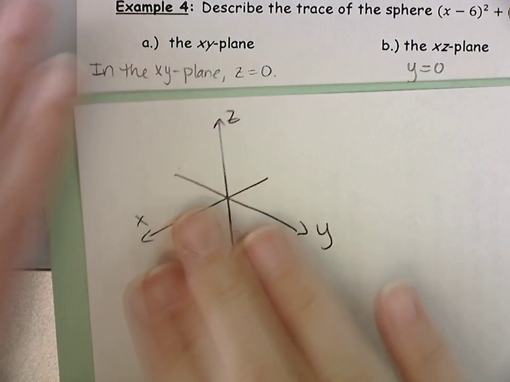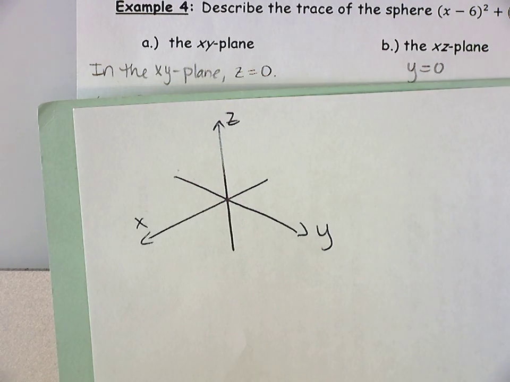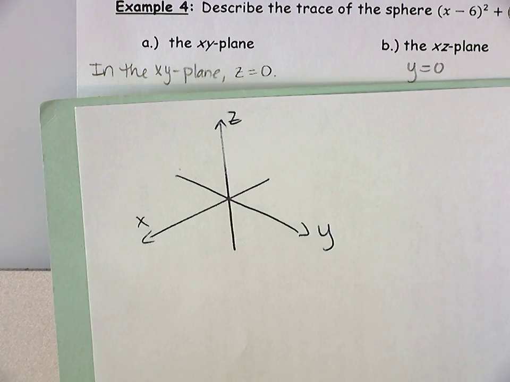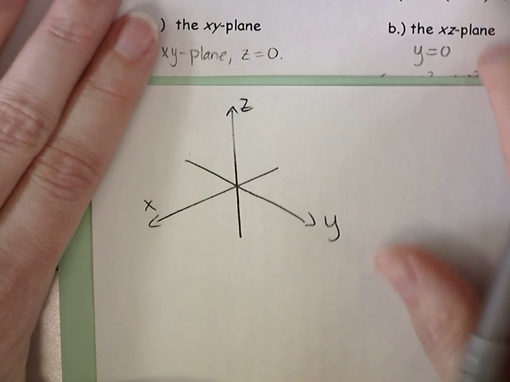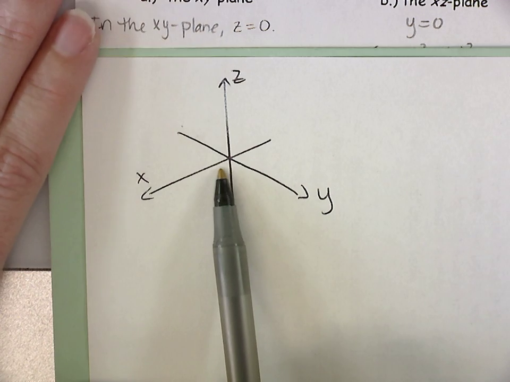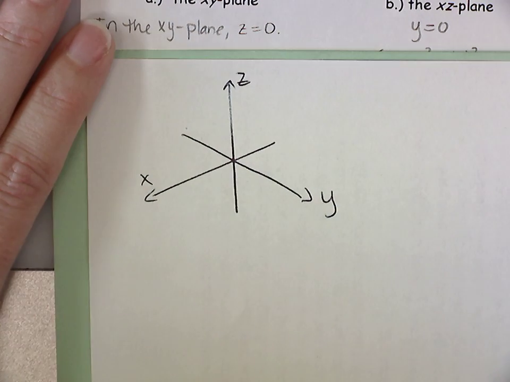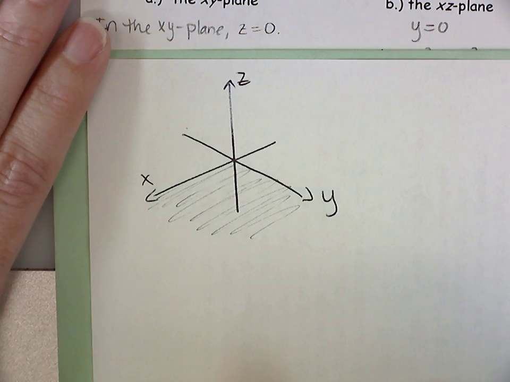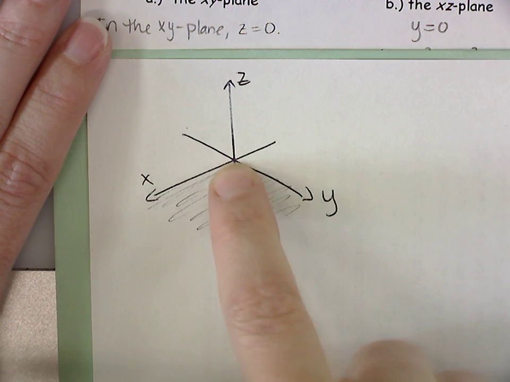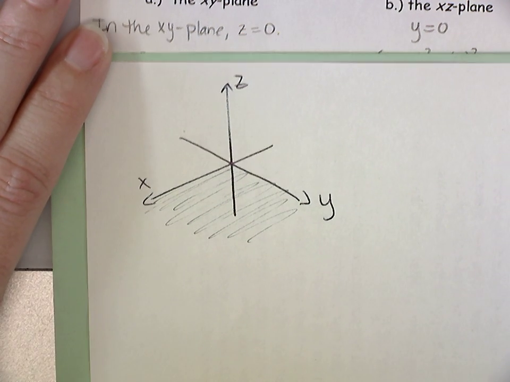Okay, so it would be like if we cut our sphere from the xy plane right there. Now, if we cut that in the xy plane, the z value would be 0. Because this is the xy plane here, right? If I shade that in, your z value is at 0. We're thinking of that in 3 dimensions.